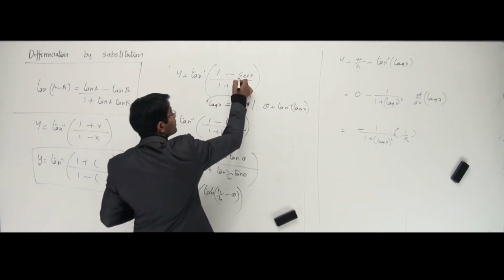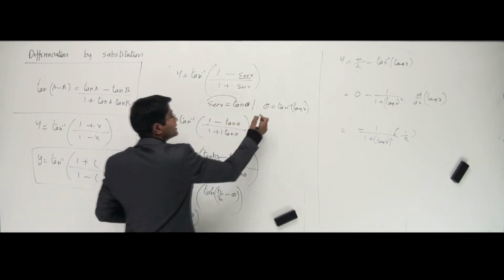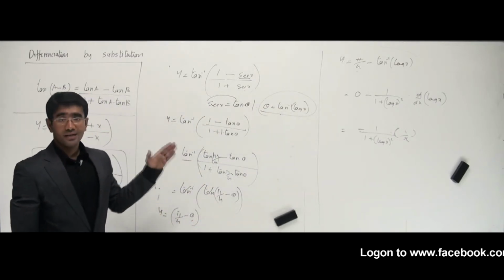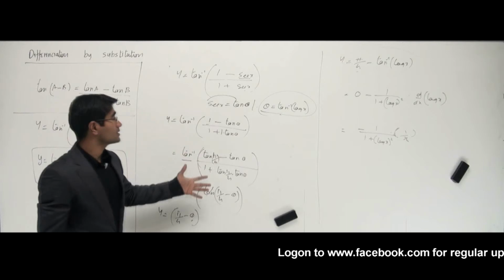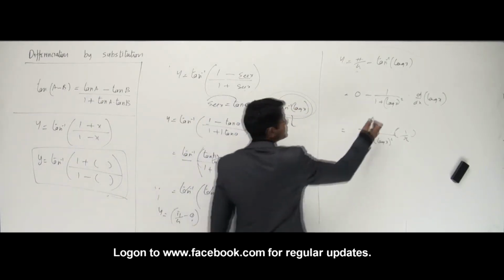I will just take whatever is here as tan theta, and theta is this guy, isn't it? Can I write the answer without even doing this? Yes, just differentiate this guy, because eventually I need to substitute theta here and differentiate.